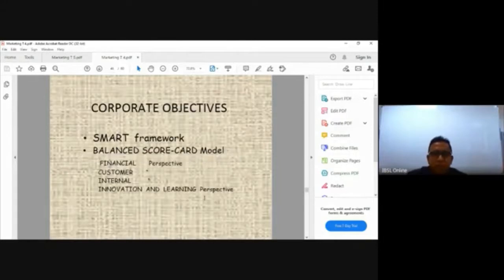So as I explained now, with regard to corporate objectives, the objectives will have to be in a SMART framework, and also we can use the balanced scorecard model and use 4 perspectives: financials, customer, internal, innovation and learning perspective.